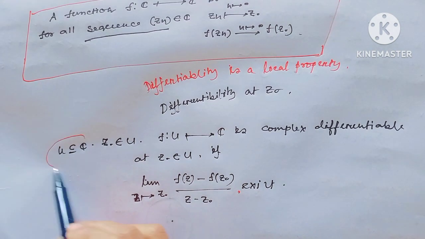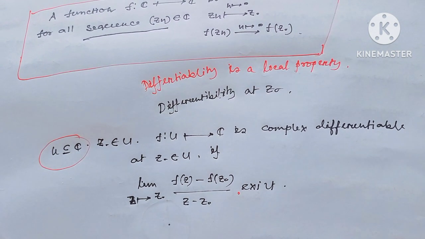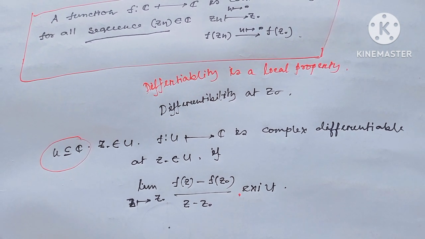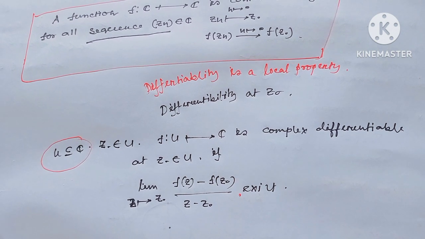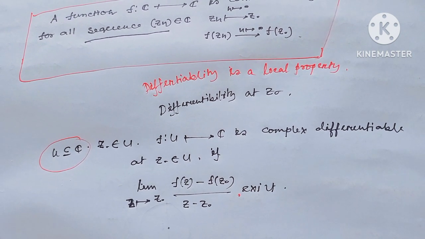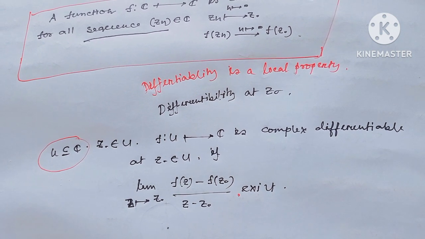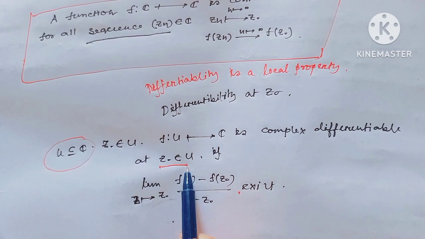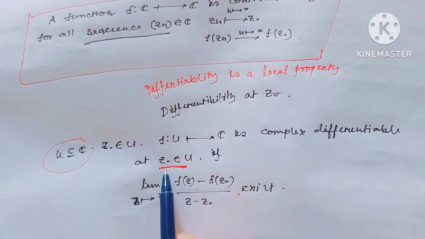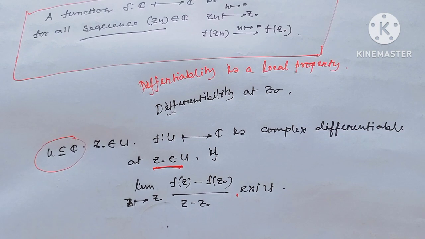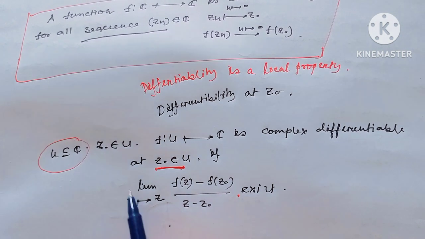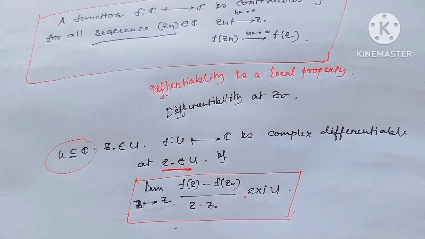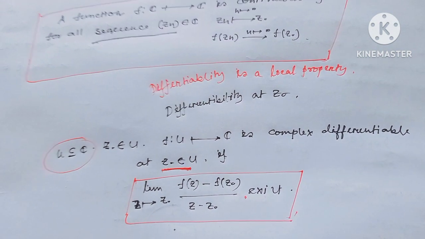Consider a subset U contained in the complex numbers and Z0 an arbitrary point in U. Now f from U to C is complex differentiable at the point Z0, because I have said differentiability is a local property, if the limit as z goes to Z0 of f(z) minus f(z0) over z minus z0 exists.